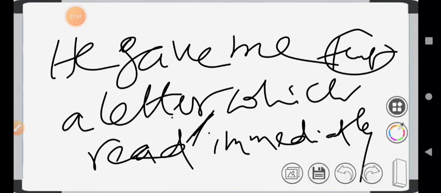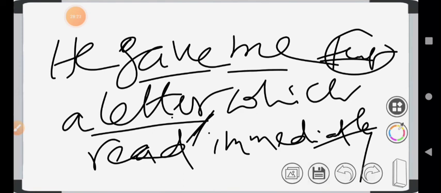It gives more, additional information about the noun, the object of gave. He gave me the letter. Me is the indirect object. The letter is the direct object.